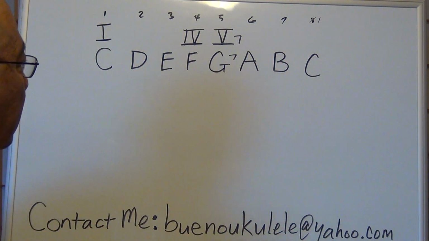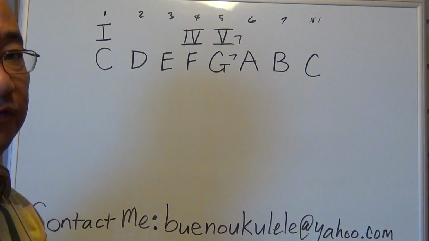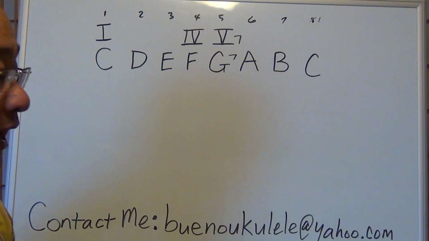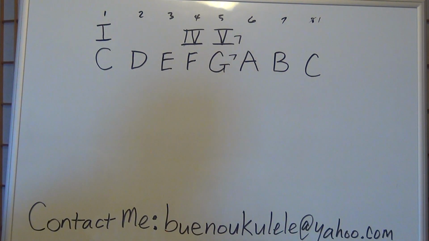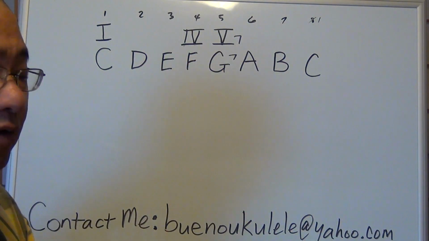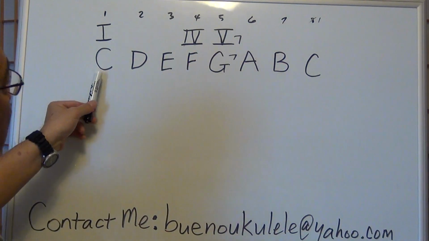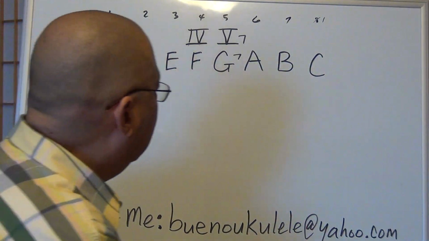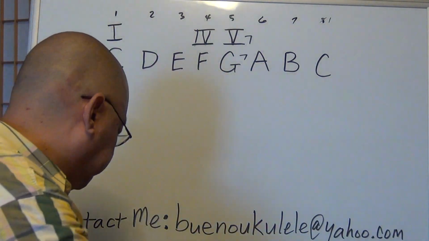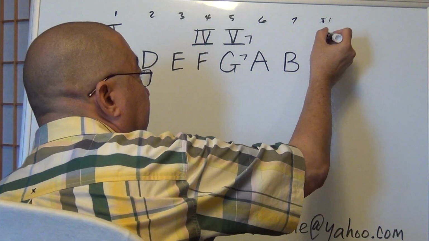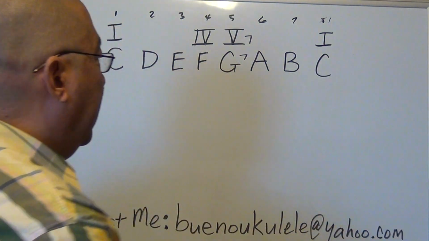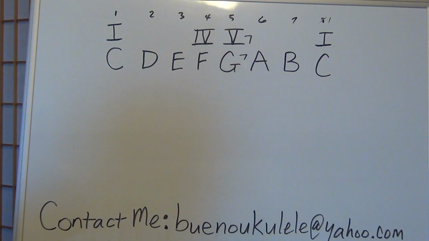Now, we covered all of this so far, okay? Now we're going to cover the minor chords. To understand the minor chords, it's basically the chords that are in between that we did not count yet. Oh, by the way, when this C comes back to a C, it really is a 1 chord again, because in the key of C, every C will always be the 1 chord.